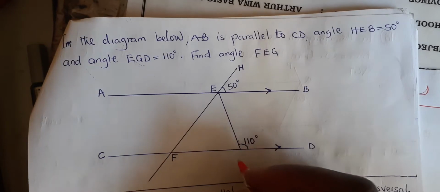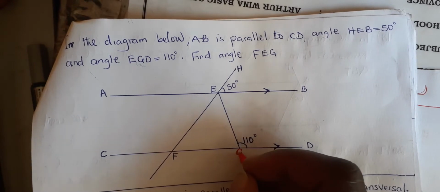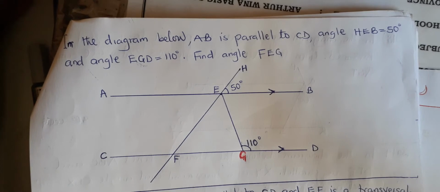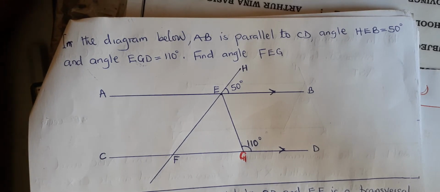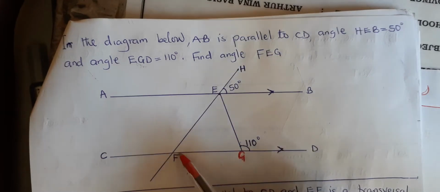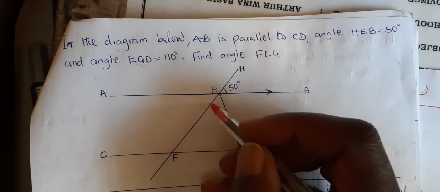So G is here. It is very, very important. What angle do they want? FEG. This angle here.